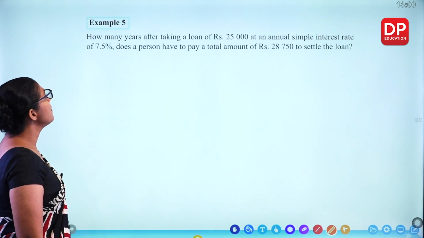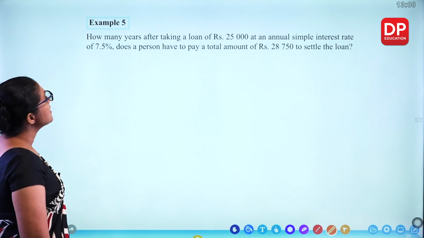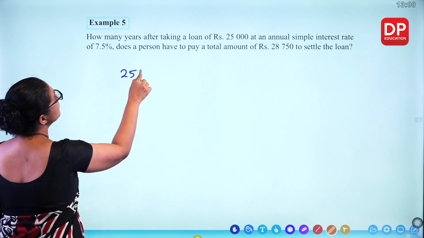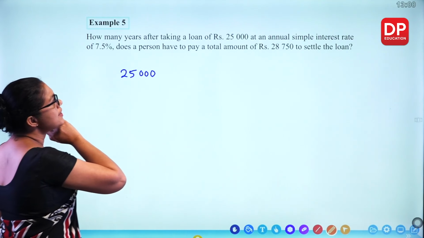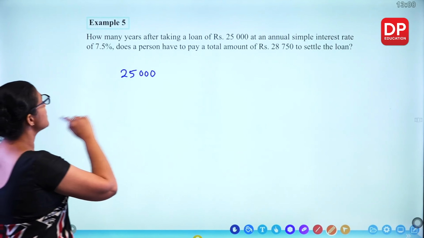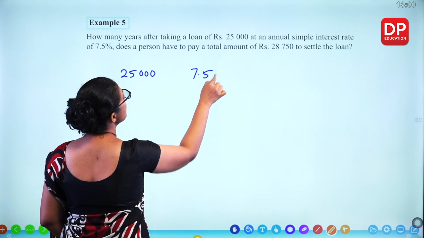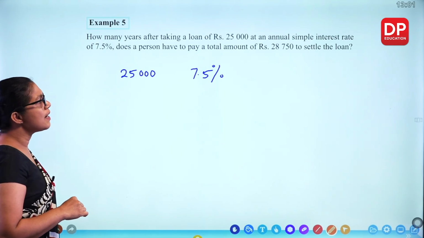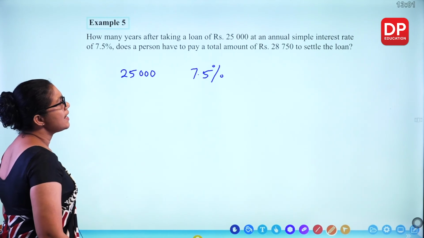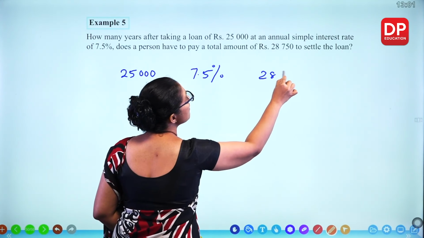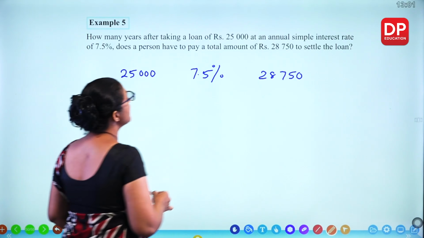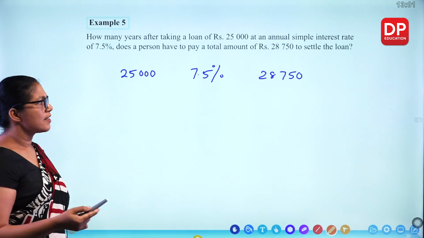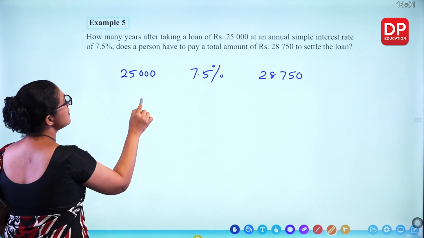Example number 5. How many years after taking a loan of 25,000 at an annual simple interest rate of 7.5% does a person have to pay a total amount of 28,750 to settle the loan? You can find out the interest by subtracting these two.